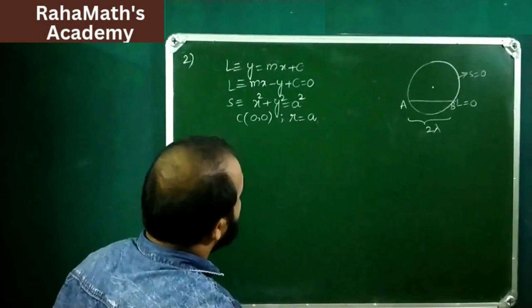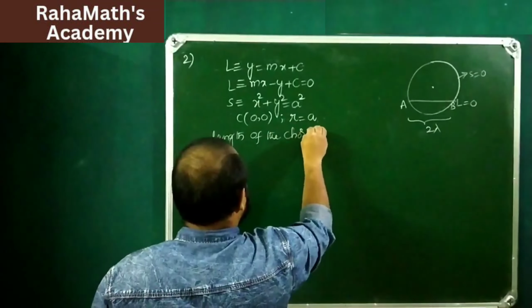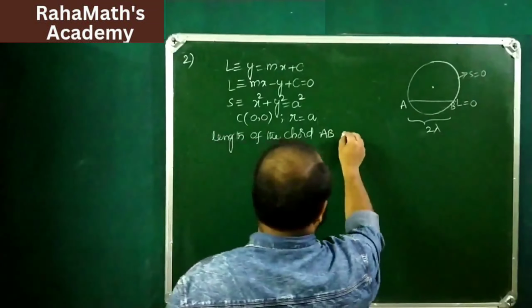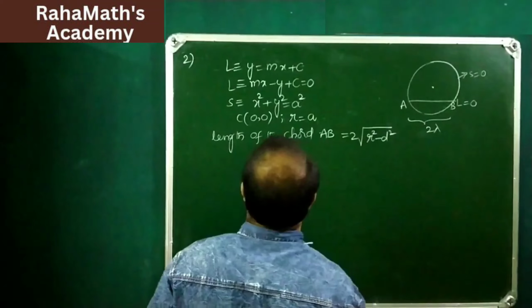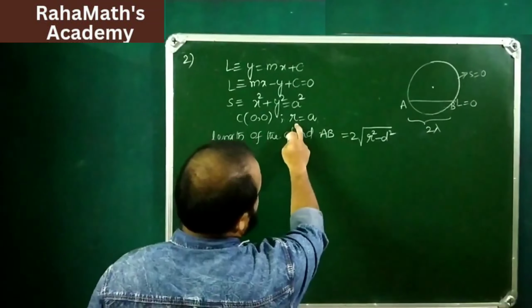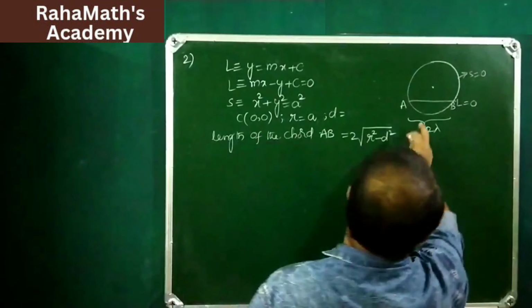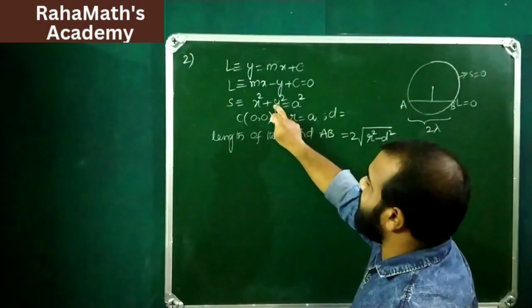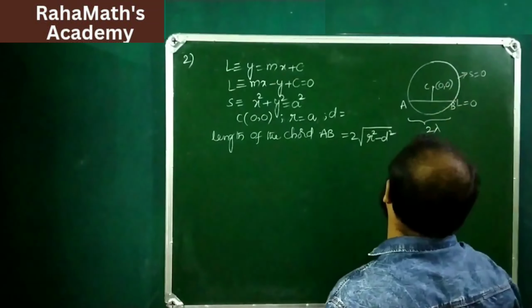So the length of the chord AB is equal to 2 root of r squared minus d squared. The radius is a, and what is the distance? The perpendicular distance from the center of the circle. What is the center of this circle? Since this is the standard equation of the circle, its center is (0, 0).